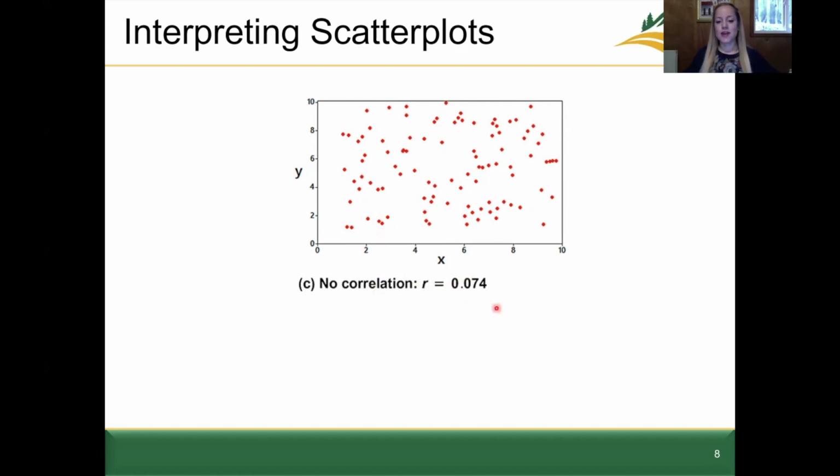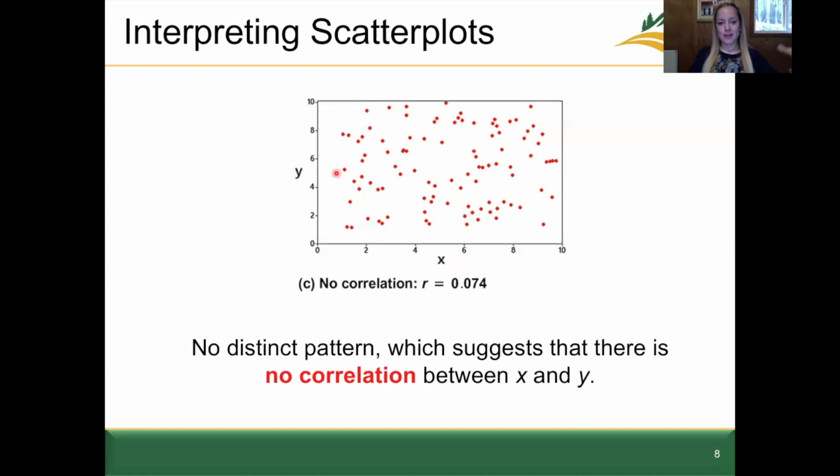So this isn't quite 0, but it's almost 0. And you can really see that there isn't really any correlation between our X and Y data. So by visual inspection, there's no distinct pattern. Our R value is pretty close to 0. These two things suggest that there is no correlation between X and Y, between our bivariate data.